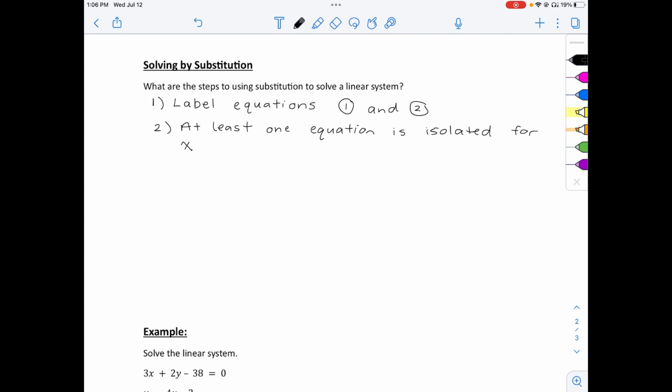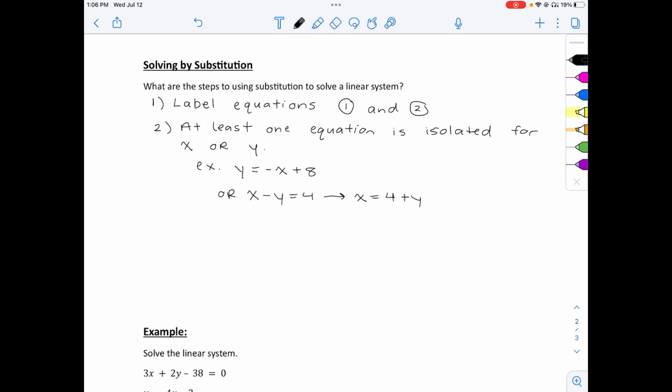An example of that would be if the equation looked like y equals negative x plus 8, or if you had x minus y equals 4, you could easily rearrange that to have x equals 4 plus y.